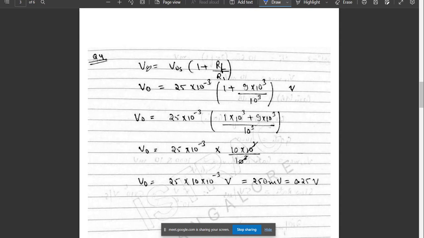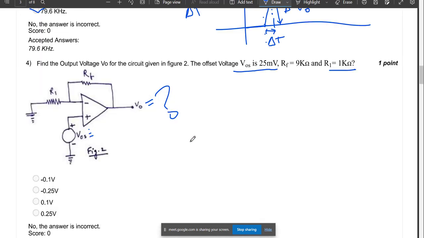First, tell me what is offset voltage. Can anyone tell me what is offset voltage? VOS, what is the meaning of it? According to the ideal characteristics, if input is 0, output should be 0.